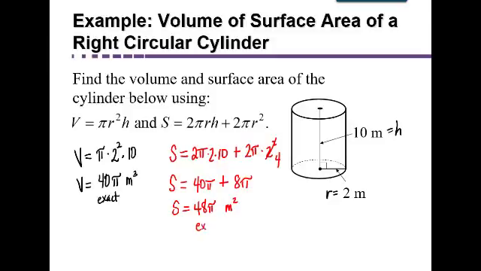This is the exact surface area. If I wanted you to give me an approximate surface area, I would ask you to use 3.14 for pi and then give me a decimal approximation. Okay, so that's how you find the surface area of a cylinder.